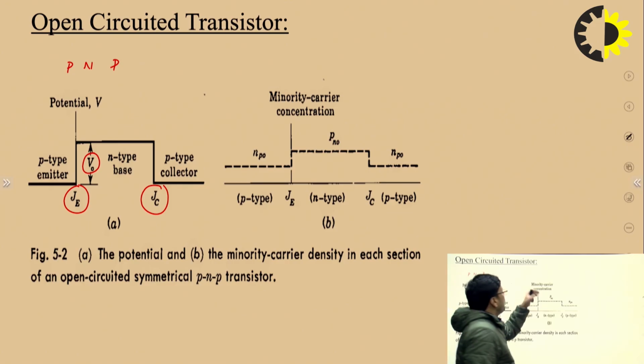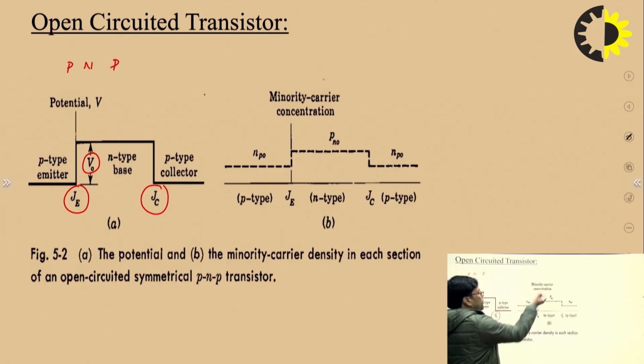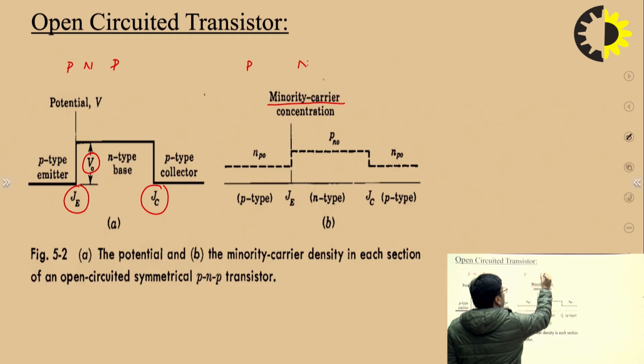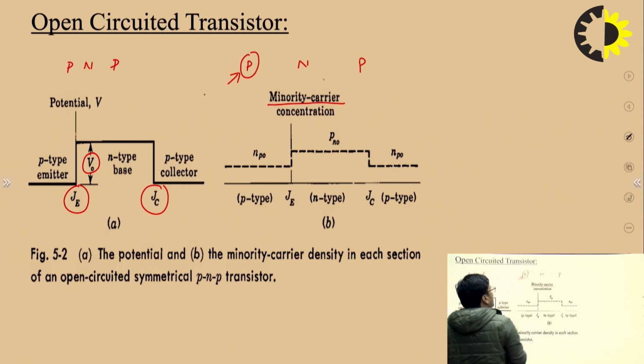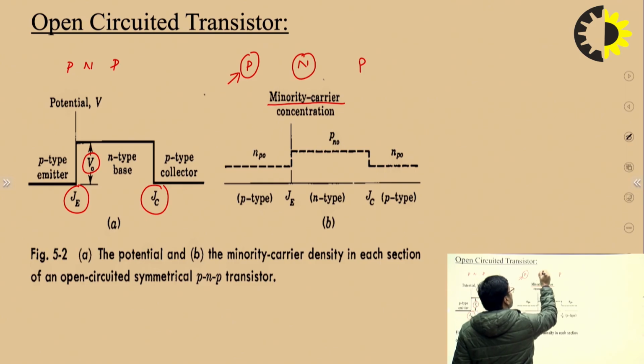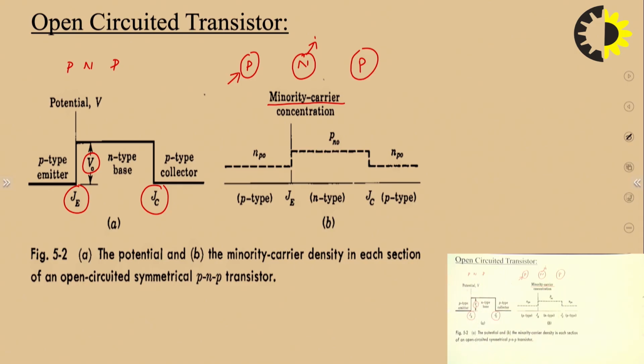If I talk about the minority carrier concentration, here we are talking about the minority carrier. So we need to plot the concentration diagram for minority carriers. This is P, N and P. In the P we have electrons as the minority carrier. In the N we have holes as the minority carrier, and in the P we have electrons, again, as the minority carrier.